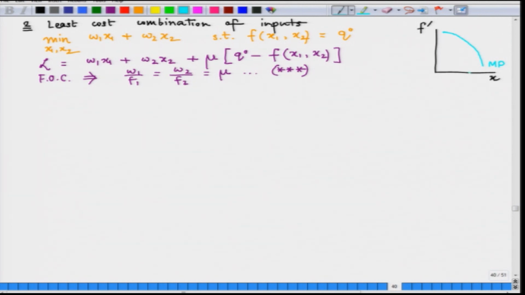So, we fix a particular level of x and then we go up to the marginal product curve, and that basically represents the level of increment in output, which is the marginal productivity at this particular level of input use, say x prime. So, that is MP prime.